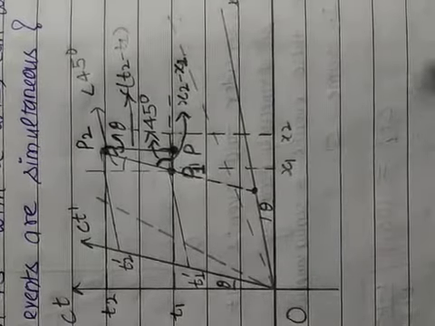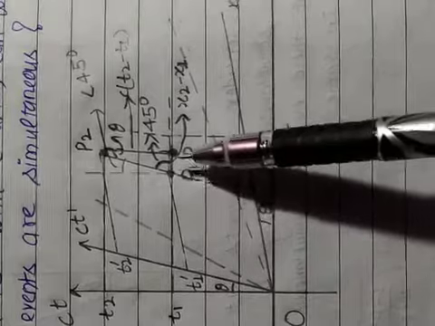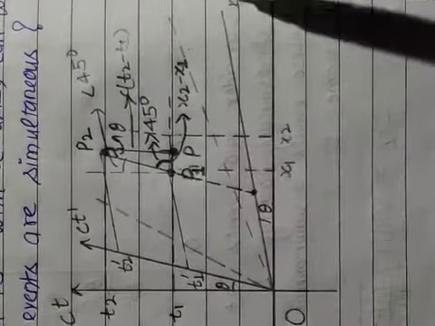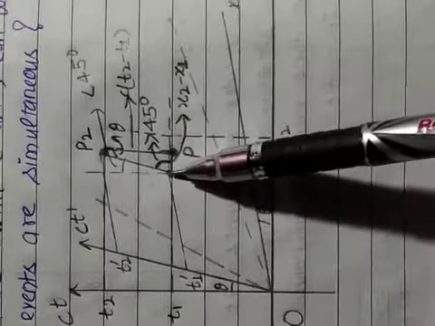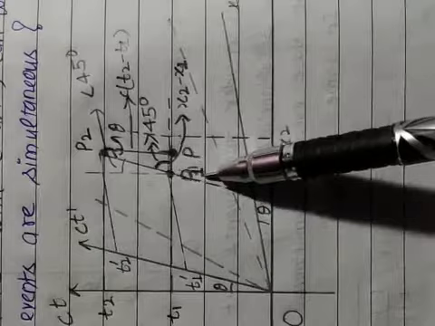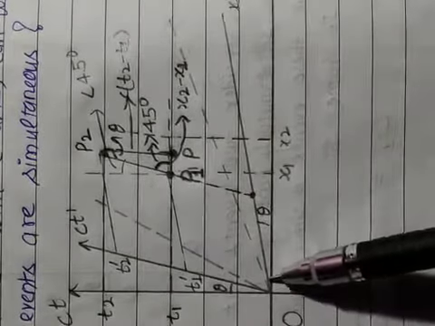That means CT1 prime must make a line parallel to this X prime line. So if you want to find the CT prime coordinate of this event P1, then draw a line parallel to this axis, the X prime line.